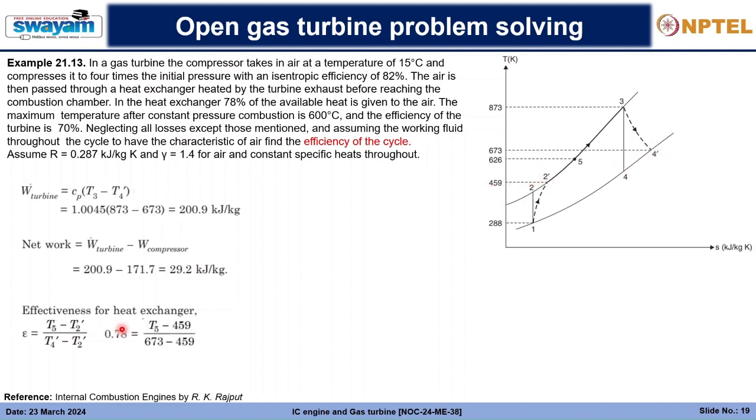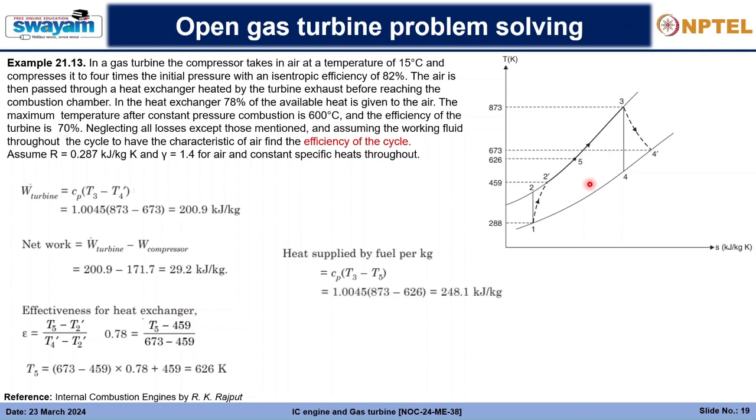So we will simply have to solve for T5 and we will get the value of T5 to be 626 Kelvin. Then we need to calculate the heat supplied by fuel per kg. So that is T3 minus T5 into Cp, and we will get 248.1 kilojoule per kg.